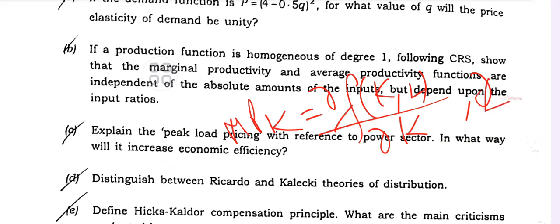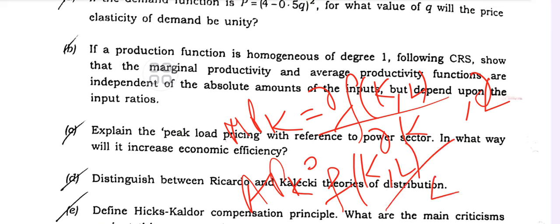Now, how do we find average productivity? Average productivity for K is F of K, L divided by L. Now we have to do the homogeneous property and input ratio. How will we do that? I will explain the full thing.